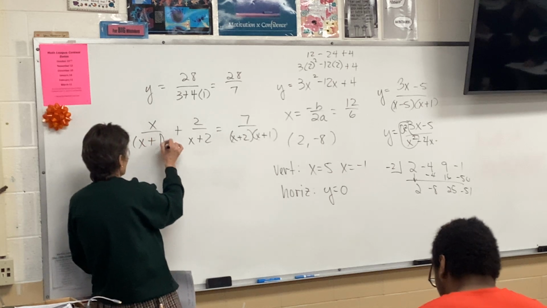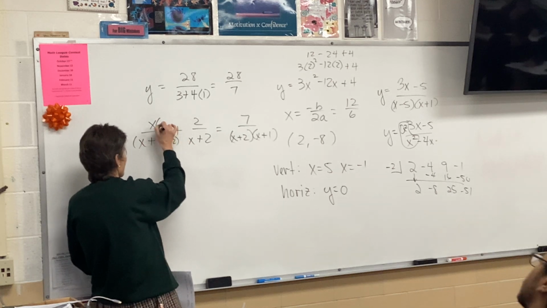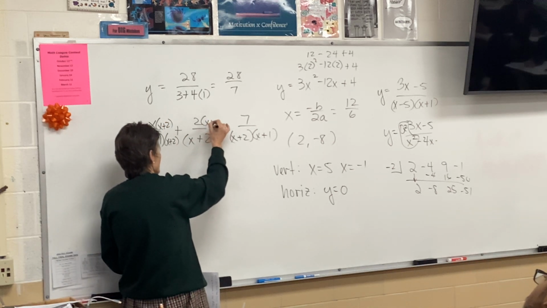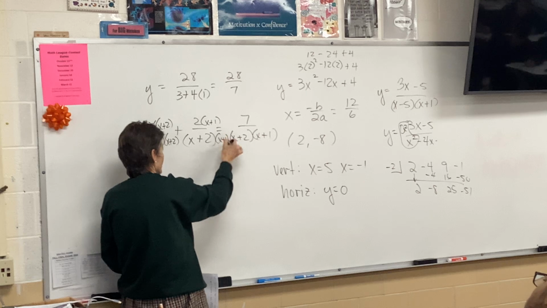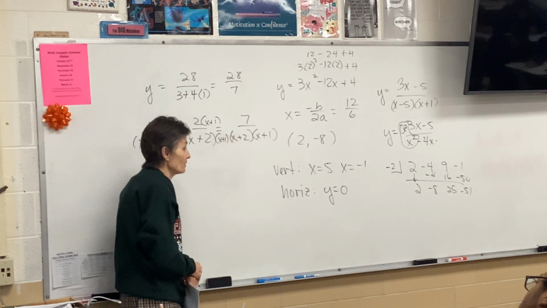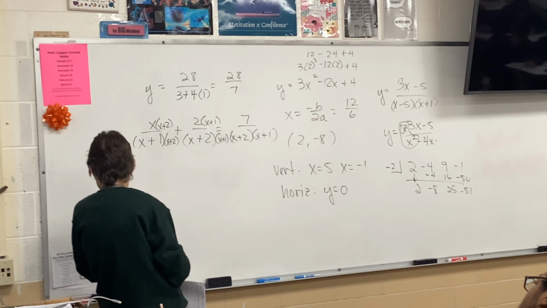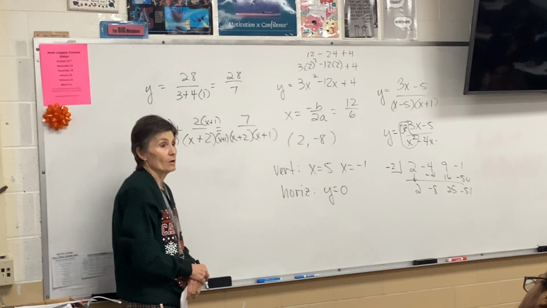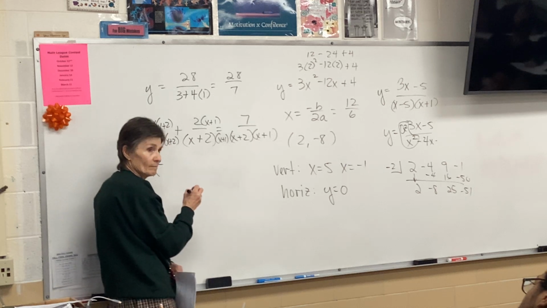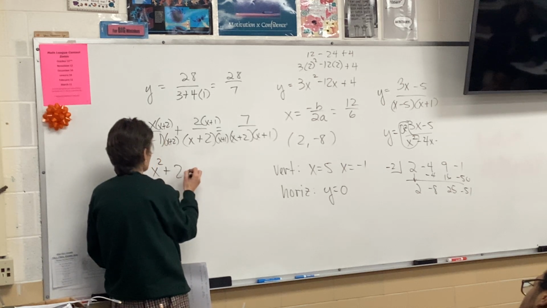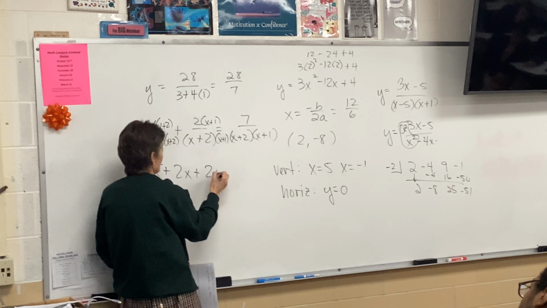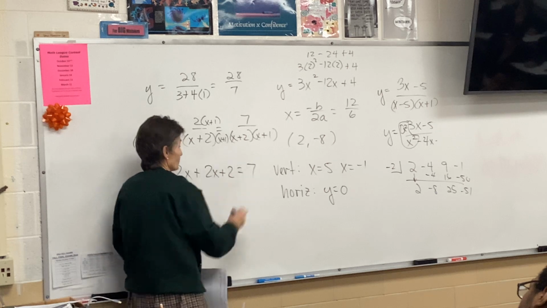So this one needs an x plus 2. This one needs an x plus 1, and that one's all set. So why did I get all the denominators to match? So I can ignore them, right? So x squared plus 2x plus 2x plus 2 equals 7.